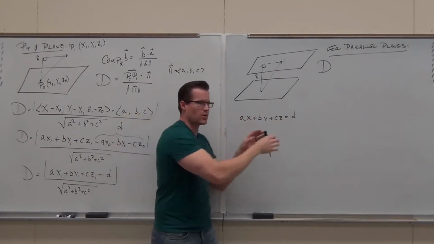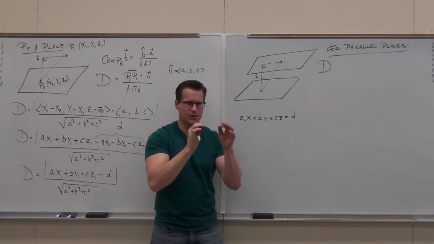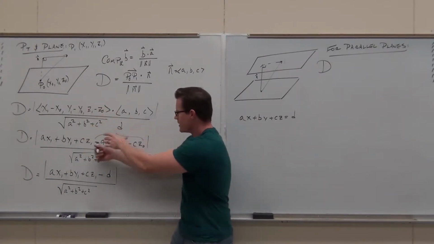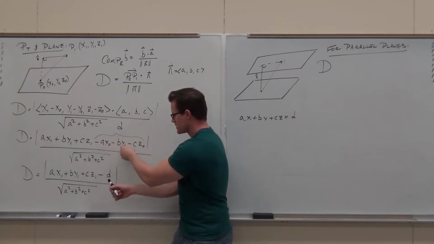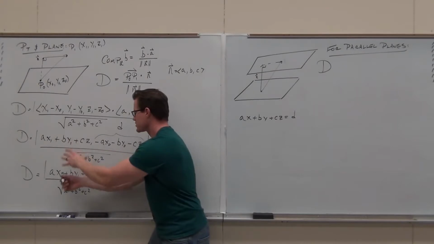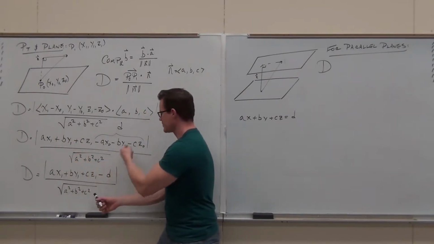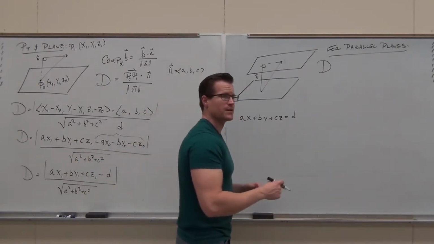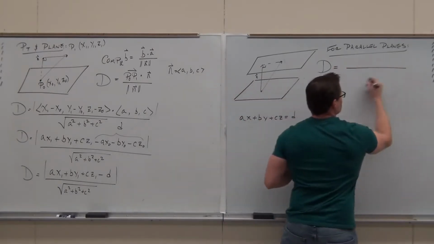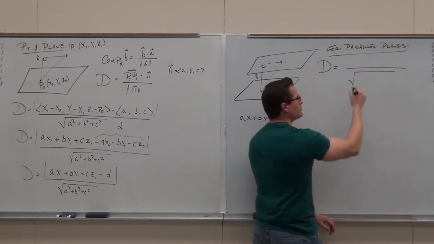So if we have the same normal, the point is the only thing that's different. That point, when we distribute all of this stuff here, that gives us the D. They're the same normal. All of this stuff disappears except the two D's. So if I want to find the distance between parallel planes, it ends up being this. You still have a normal, it's a common normal.